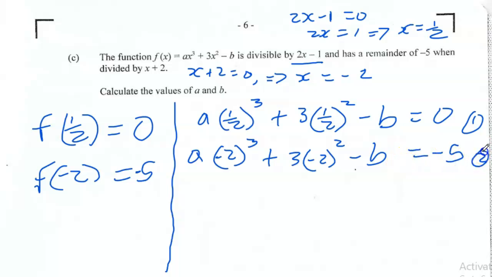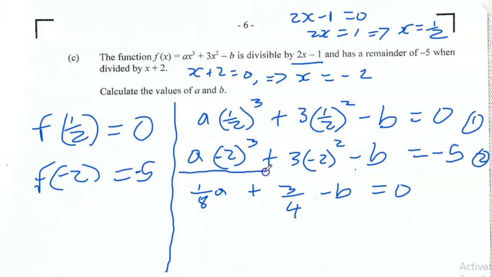Okay, let's see if we can simplify both equations. So equation 1, half cubed is 1/8, so a times 1/8 is 1/8a. Half squared is a quarter, so 3 times that is 3/4, minus b is equal to 0.